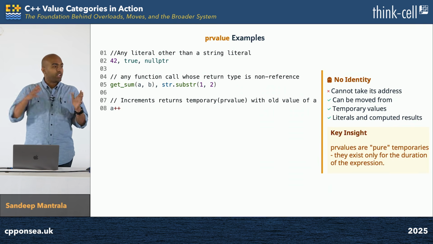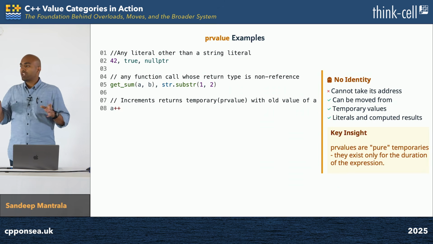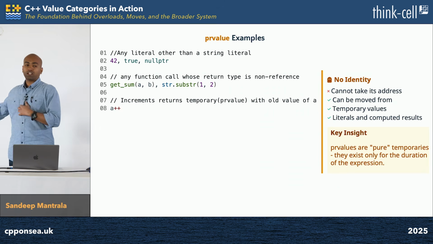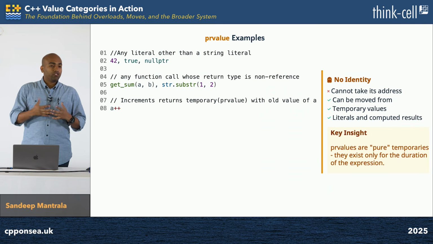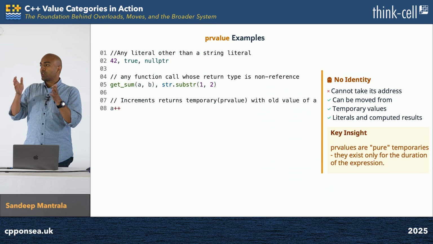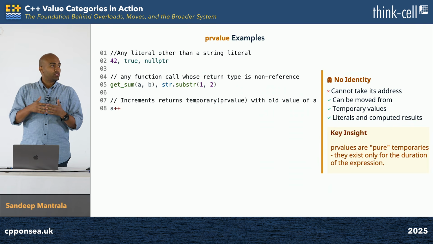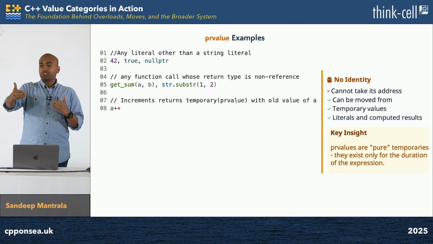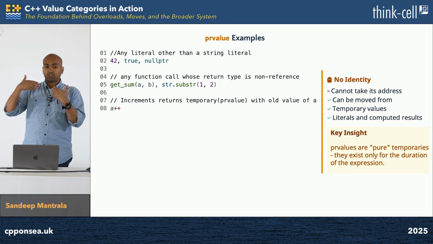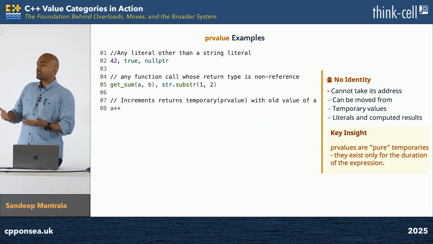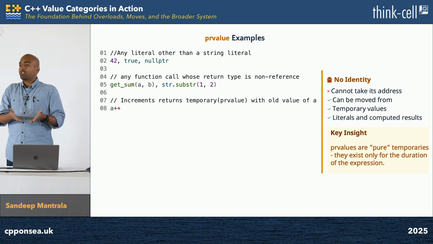We are having these slides for each of these values, and we are saying this is an lvalue, this is an rvalue. We are doing that because when you use this expression in a particular context, when you say it is an xvalue, it has a meaning to it. The receiver of this will try to either steal the resources or not based on the value category of it.